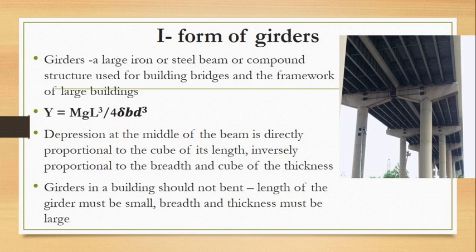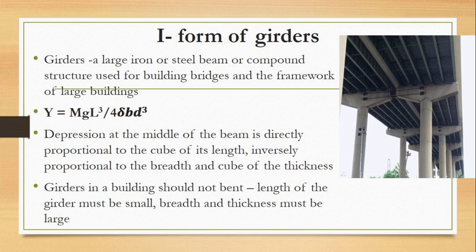So you can see delta, that is the depression, is directly proportional to the cube of its length. So depression is directly proportional to the cube of length and inversely proportional to breadth and the cube of the thickness, that is D cube.